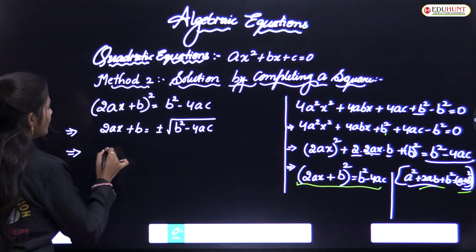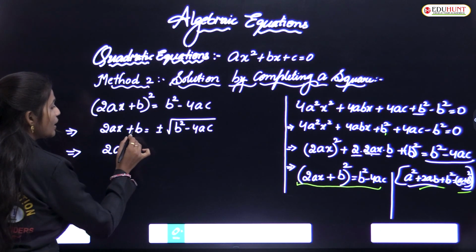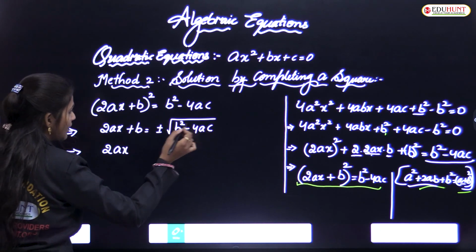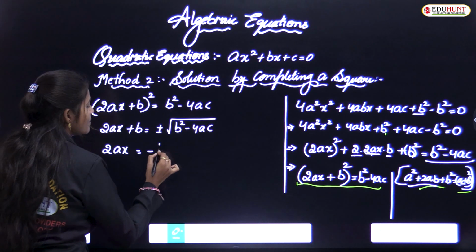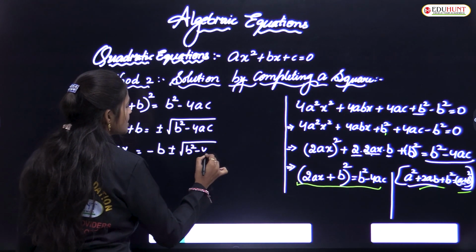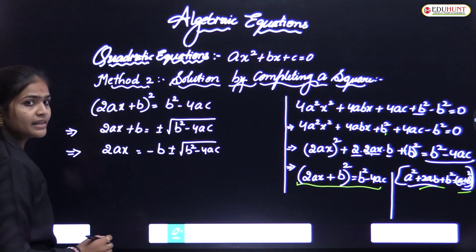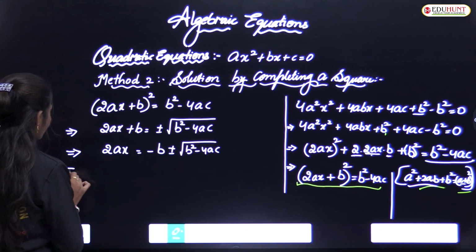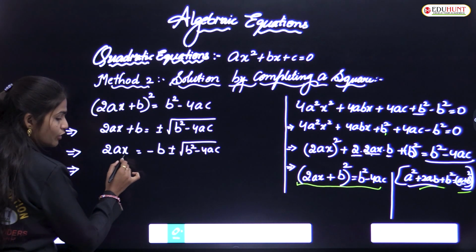So from this, 2ax. Now I want to move that plus b to the RHS. So that becomes minus b plus or minus root of b square minus 4ac. Afterwards, I want to know only the value of x, no?